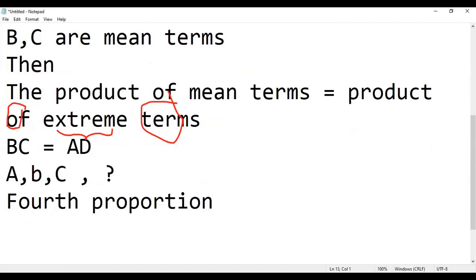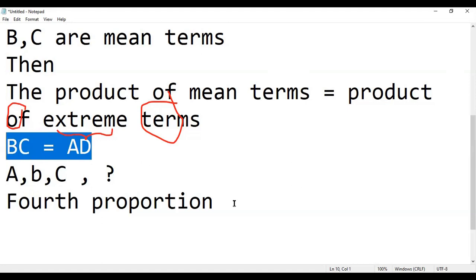Whenever we have to find the fourth proportion or fourth quantity, the first number, second number, and third number are given. By using three numbers, how can we find the fourth number or fourth quantity? From the given formula, BC is equal to AD. Whenever they give A, B, C, is it possible to find the D value?